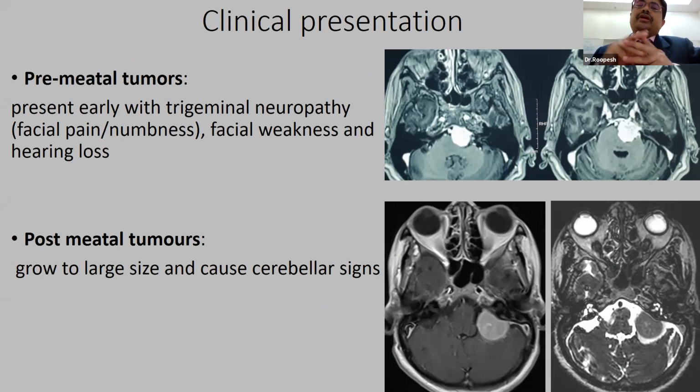Clinically, premeatal tumors generally present early, with early cranial neuropathy, most commonly trigeminal neuralgia or hemifacial spasm, even when small. Postmeatal tumors are slowly progressive lesions that can grow to a large extent before they manifest themselves.